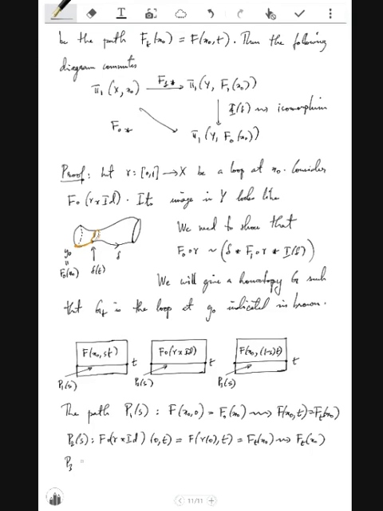Similarly p3 of s starts at f of x naught comma t, which is ft of x naught, and it ends at f of x naught comma 0, which is f0 of x naught.